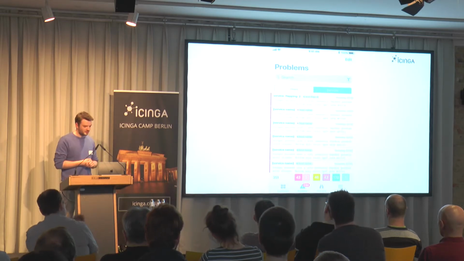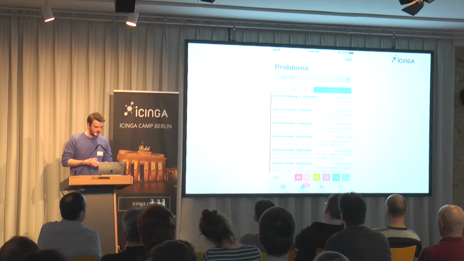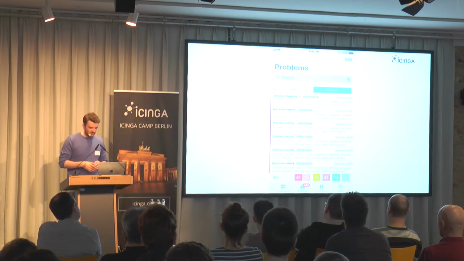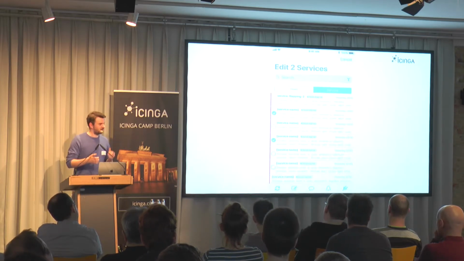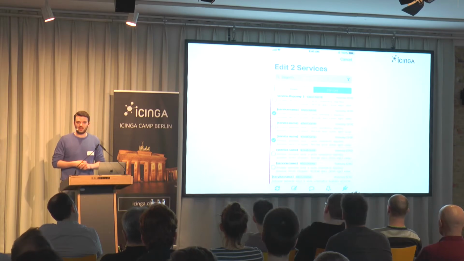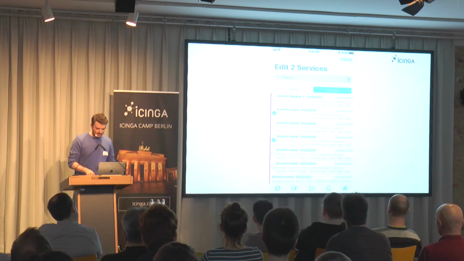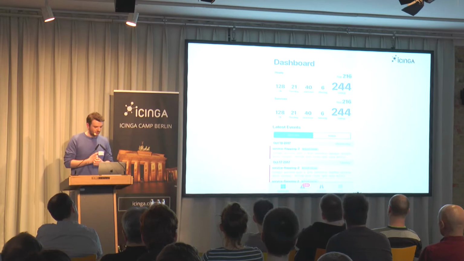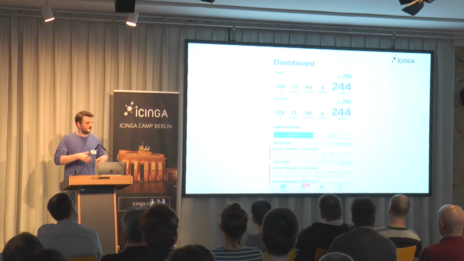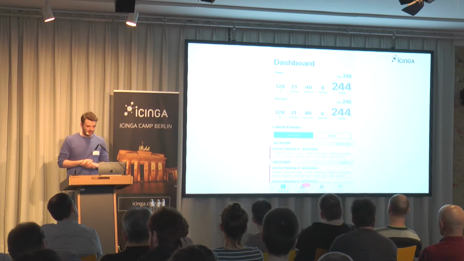So this is our first draft, how it looks. Yeah, simple search, switch between hosts and services, have our problems view, multi-select, like you know it from a native app, right? Dashboard in our first version looked like this, so all the common monitoring tasks will be part of the app.